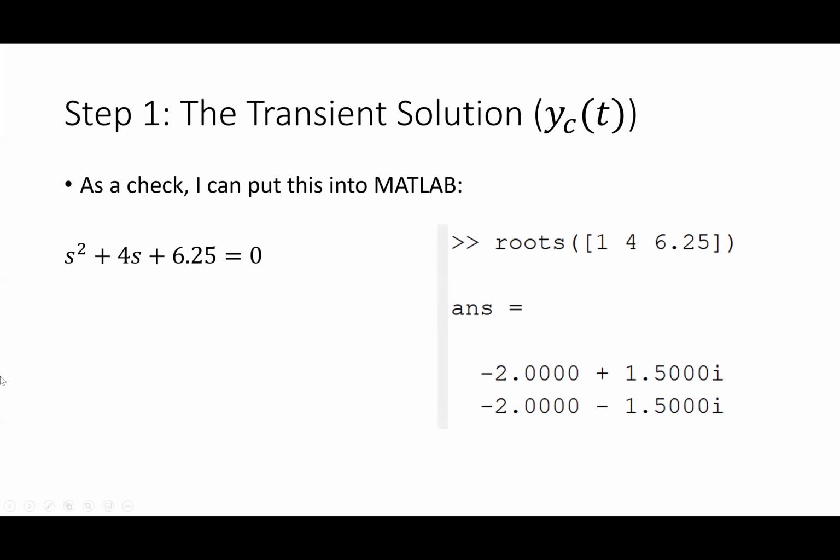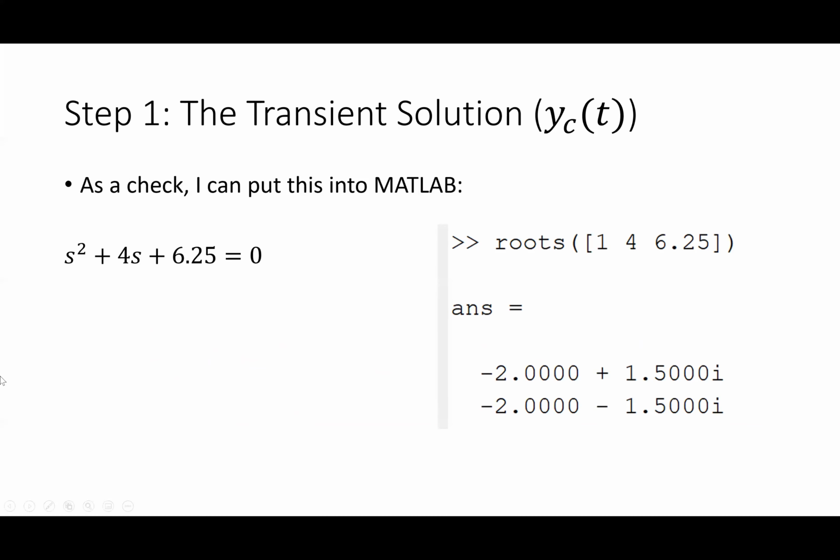If I have s squared plus 4s plus 6.25, what I can do is use this command here called roots. What roots does is it finds the roots of an equation for me. And notice what I did. This is what I call a polynomial of s. The first term, the 0 order term, I put last.